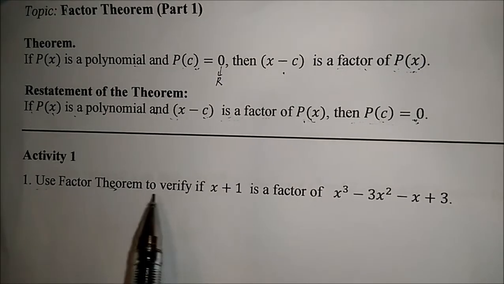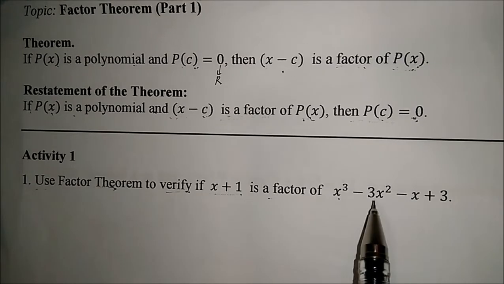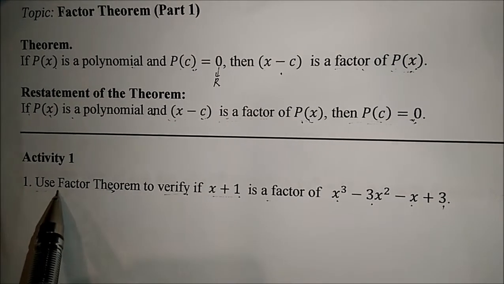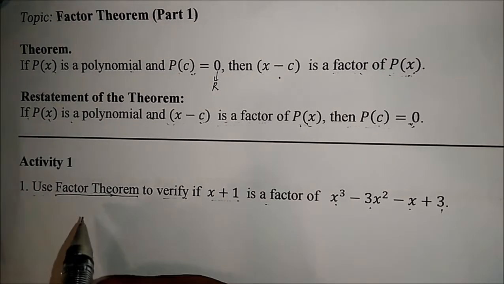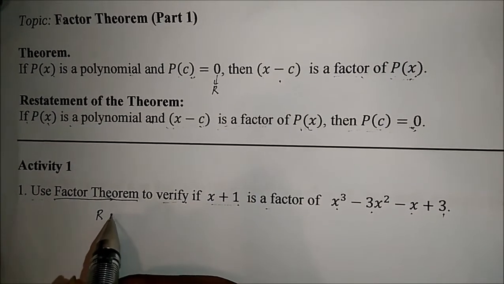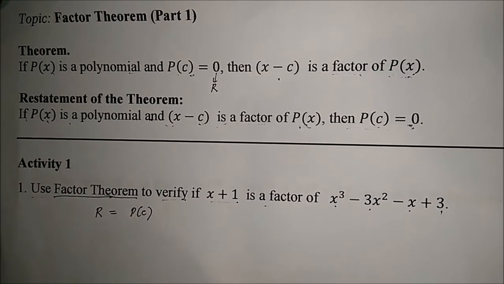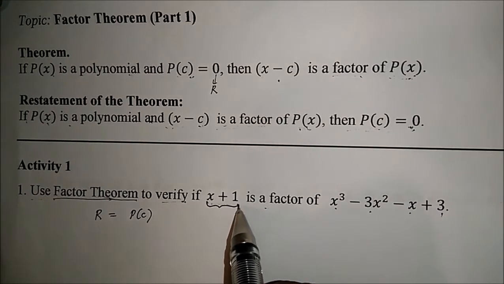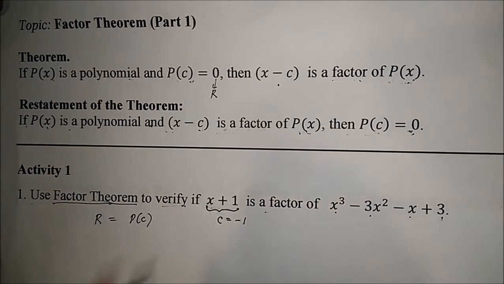Now, given those concepts, let us try to answer the following. Use the factor theorem to verify if x plus 1 is a factor of x cubed minus 3x squared minus x plus 3. The factor theorem is actually derived from the remainder theorem. The remainder of the polynomial is p of c, where c is the synthetic divisor. Since x plus 1 will be our divisor, the synthetic divisor would be negative 1.